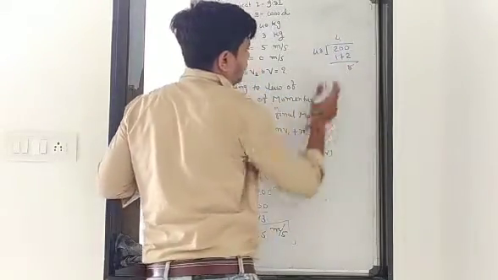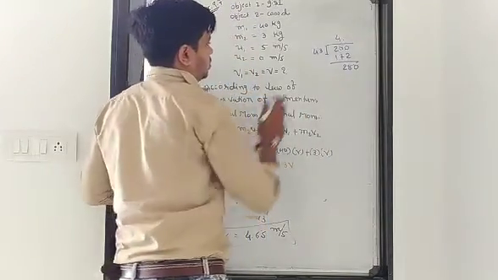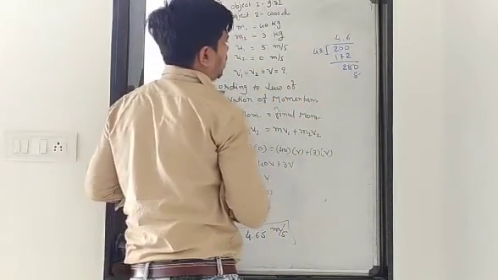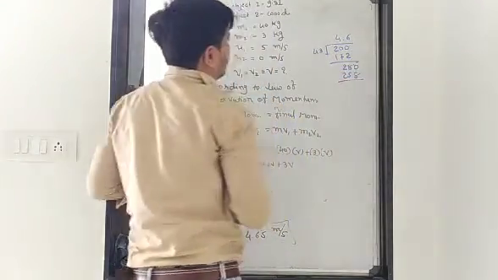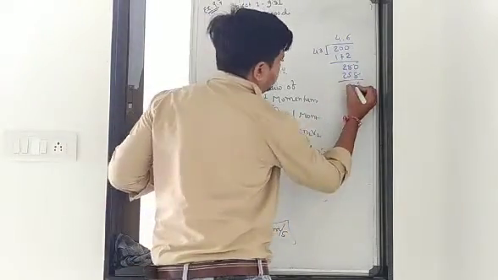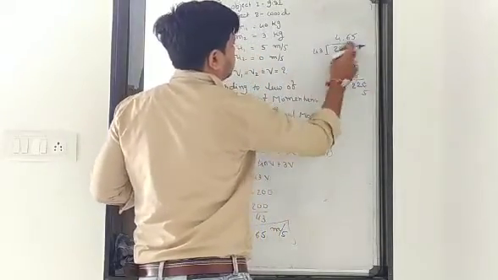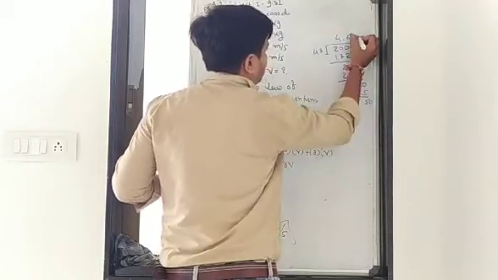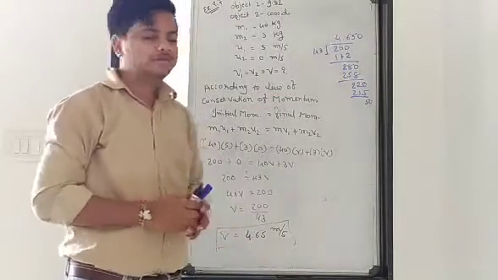The remainder is 28, then 280, 43 6s are 258, and the remainder is 22, then 220, and so on. So you can say that the answer is 4.65 meter per second.